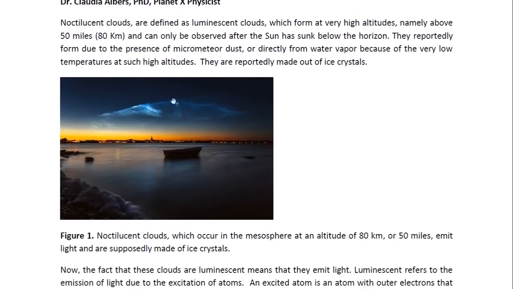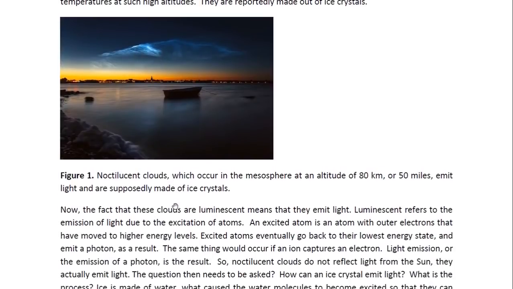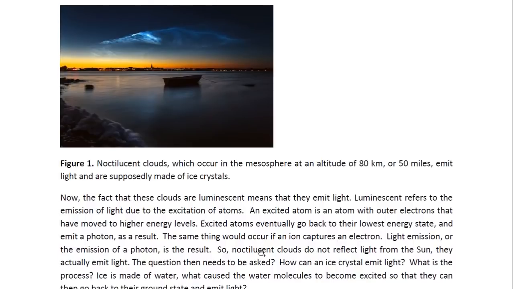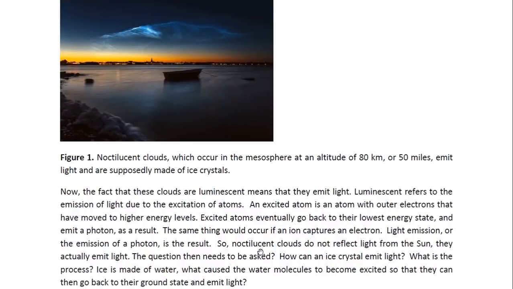And you see in this photograph some of these clouds that form at these high altitudes, and you can see that they emit light. It's not very bright light, that's why they're only seen after the sun has gone down, but nevertheless they do emit light. Now, the fact that these clouds are luminescent means that they emit light. The word luminescent refers to the emission of light due to the excitation of atoms.